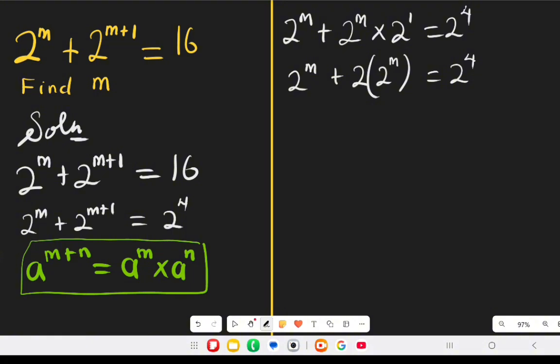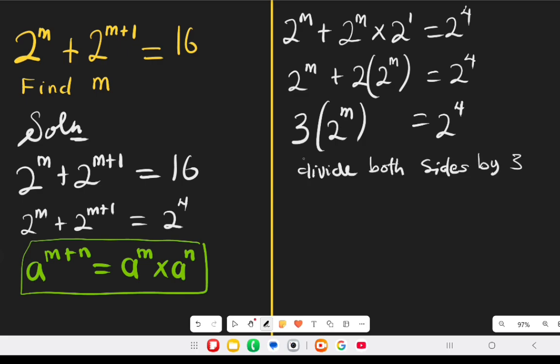How many 2 raised to the power of n do we have? We have 2 plus 1, which is 3 into 2 raised to the power of n equals 2 raised to the power of 4. At this point, we divide both sides by the coefficient of 2 raised to the power of n, which is 3.